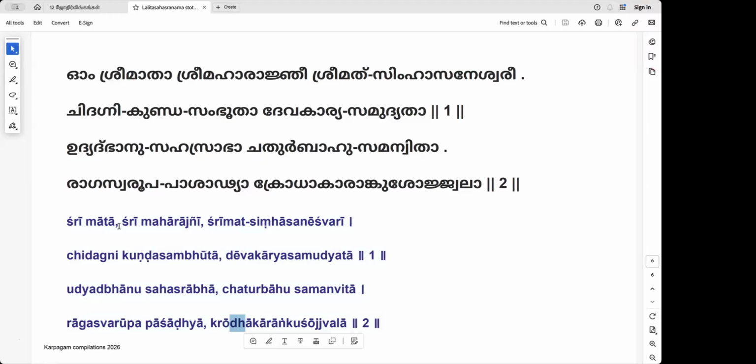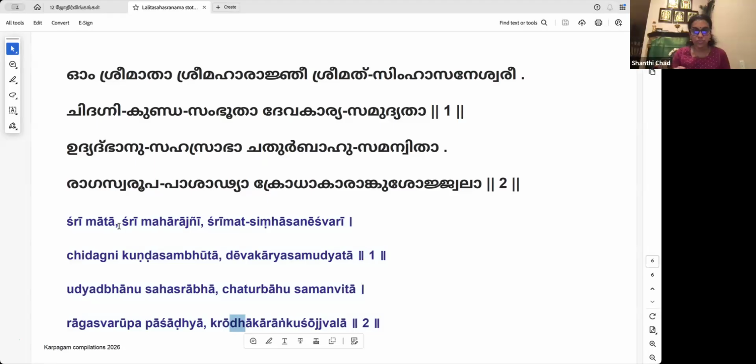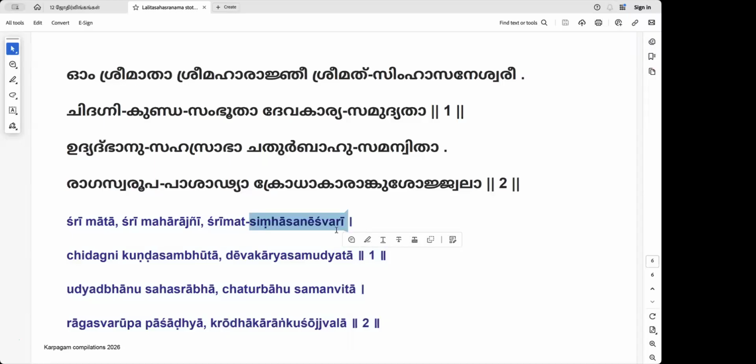But one good thing is you have the short and long. Here, I is used for the E sound. So if it is single I, like Simhasaneshwari, this is a short vowel, and this one is a long one. So here it is Simhasaneshwari long, so I put a hyphen at the top. Okay, got it.